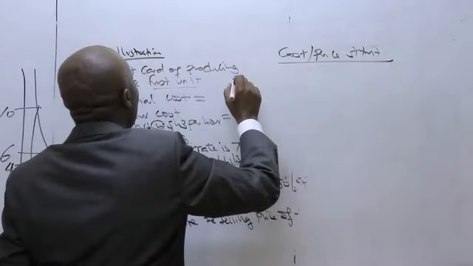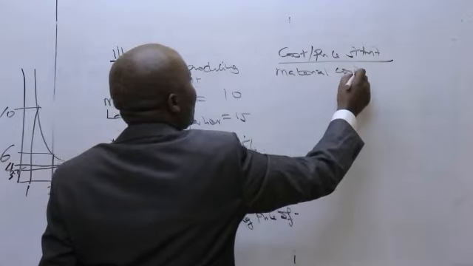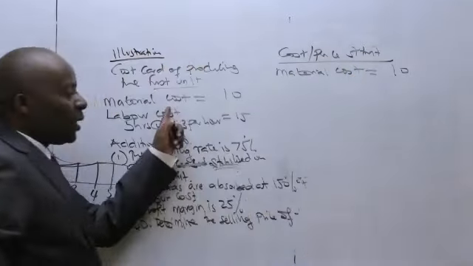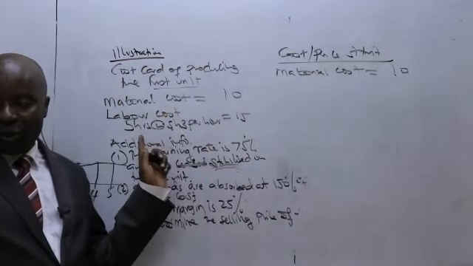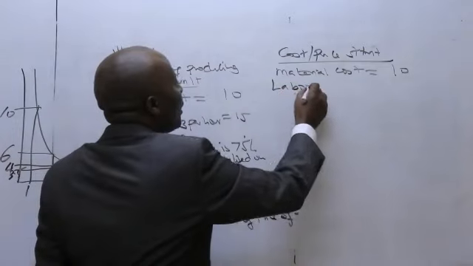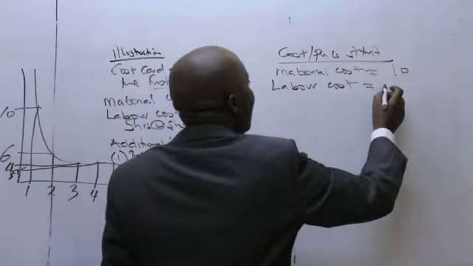So we start with material cost. They have given me the material cost here per unit, which is 10. I'm just copying here. Material cost per unit is 10. From there, I'll pick the labor cost, which happens to be 15.